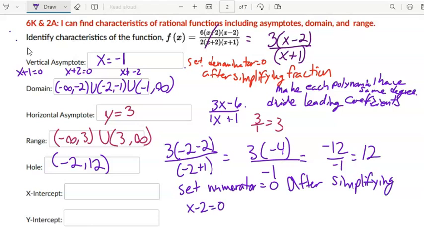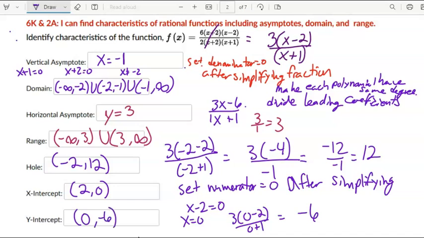Your x-intercept is going to be at 2 comma 0. Now for the y-intercept, after you have the simplified fraction, let x equal 0. So I have 3 times 0 minus 2 all over 0 plus 1. That's going to give you negative 6. Our y-intercept is 0 comma negative 6.